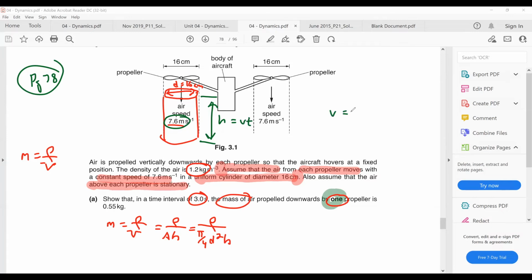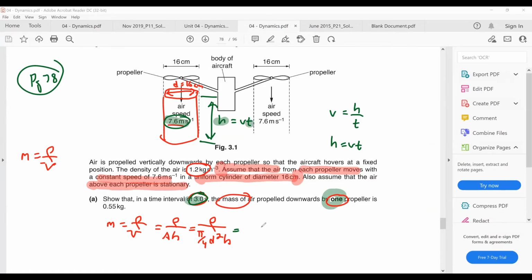Because V in kinematics you learn is distance over time, h over t here. h will be your velocity times the time itself. So to find out the height in which the air has moved, you take the velocity with which it's moving, multiply with the time, which is 3 seconds here.